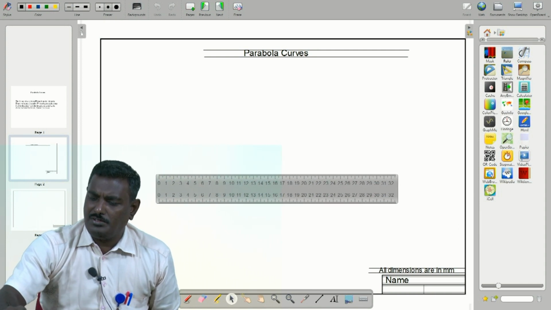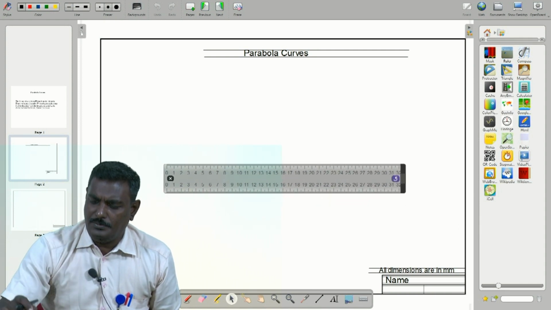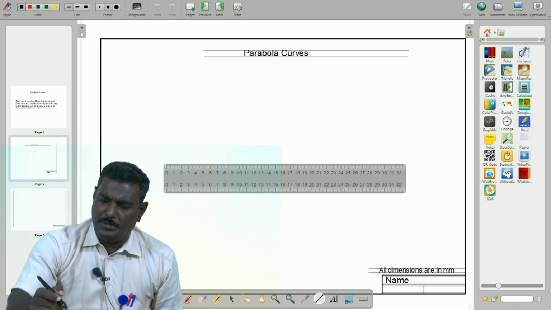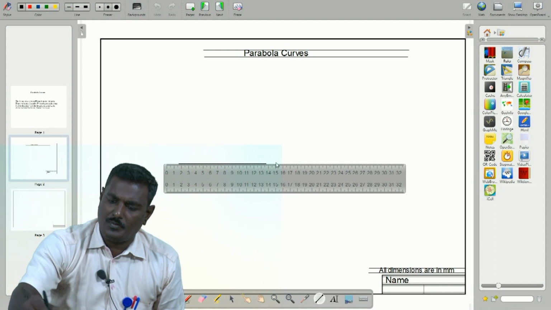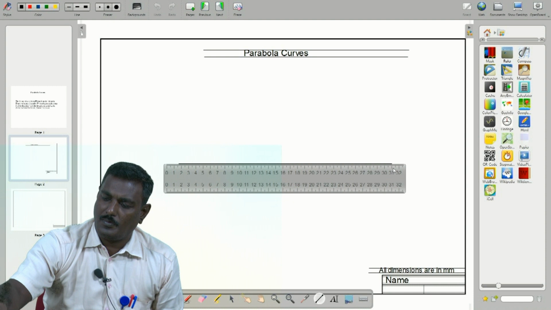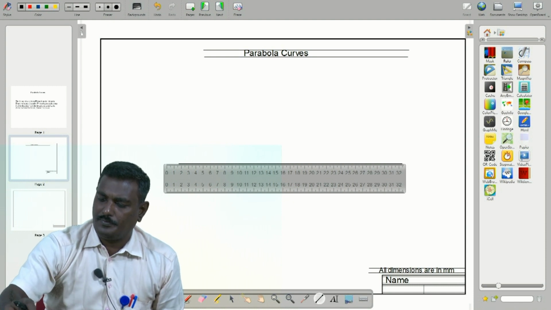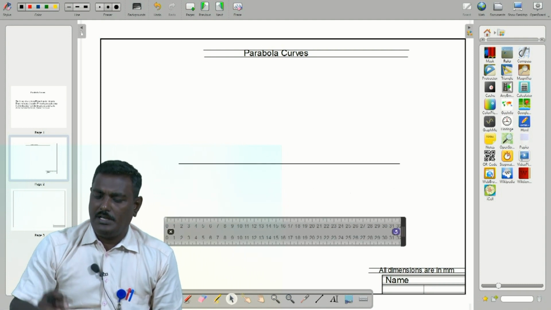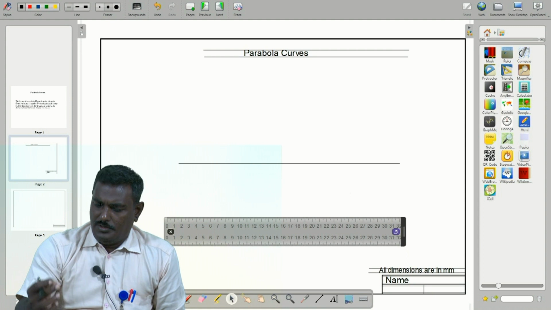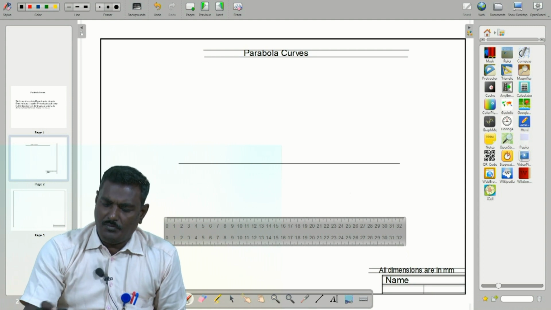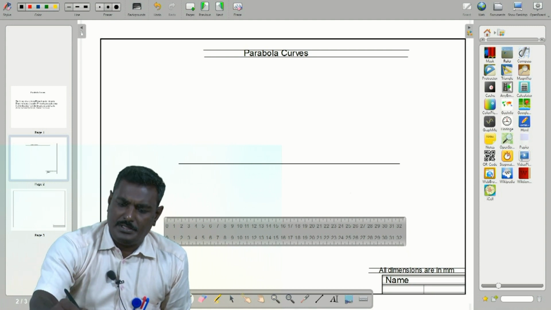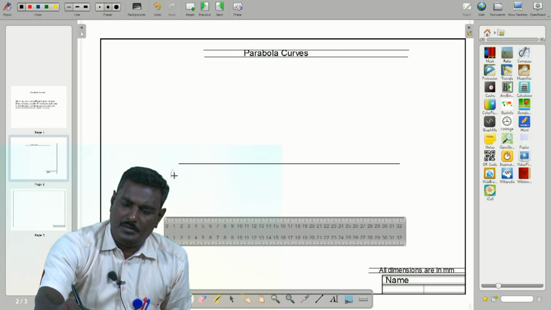So draw any length AB. We mark that as line AB.